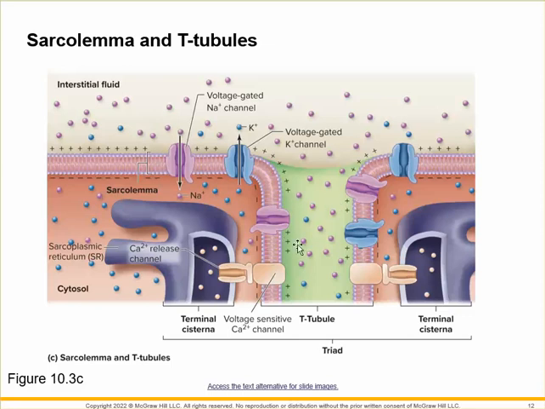The lumen of the T-tubule is outside of the cell. So that means interstitial fluid and the chemical properties of the interstitial fluid extend right down into the center of the cell, in the lumen of each T-tubule. The T-tubule is made of the same phospholipid bilayer with proteins that the rest of the cell membrane is.